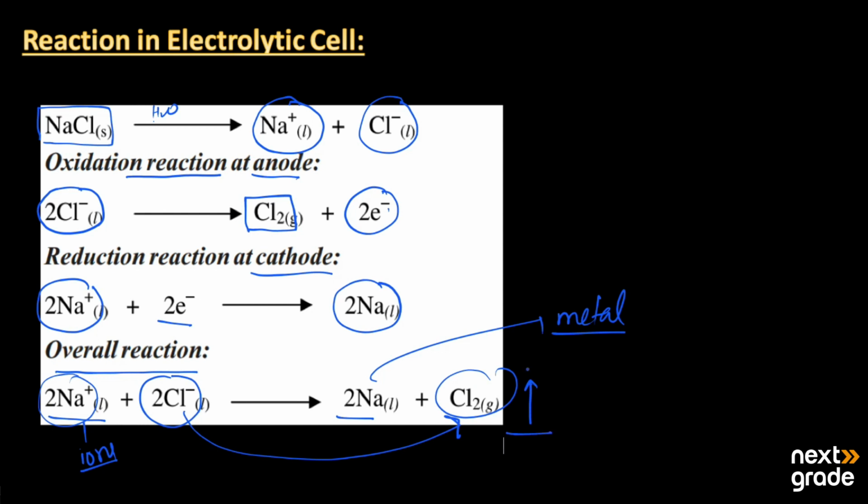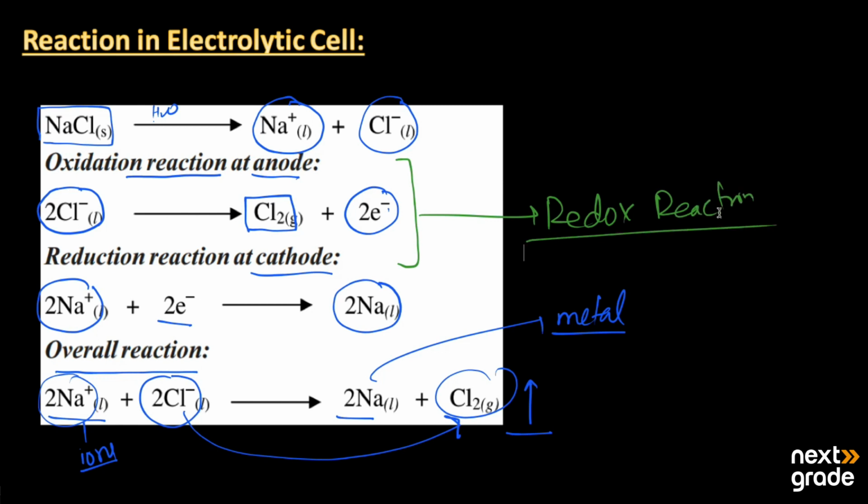So the electrolytic cell involves both the process of oxidation and reduction. We can also call it a type of redox reaction taking place in the electrolytic cell. And we have already learned the two types of cell, the Nelson and Down's cells. They both work as electrolytic cells. So this was a simple process that takes place in the electrolytic cell.